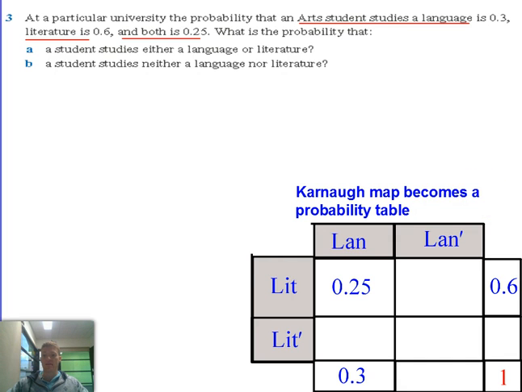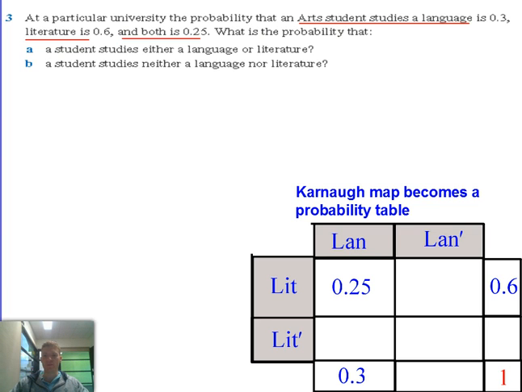And then from that, we have our information that we've highlighted in the question, and I've placed it in the appropriate spots. So you can have a little think about if that's a suitable location. Now we know that we have a probability of 1, which is considering all outcomes in the bottom corner.